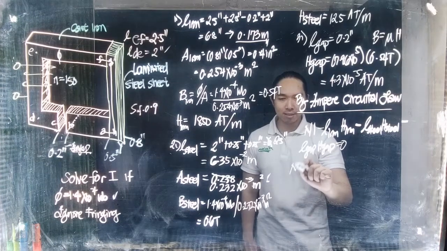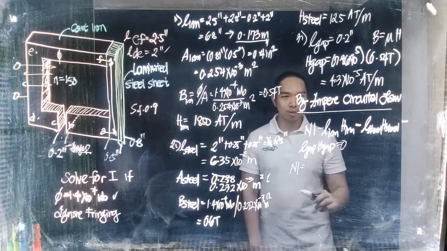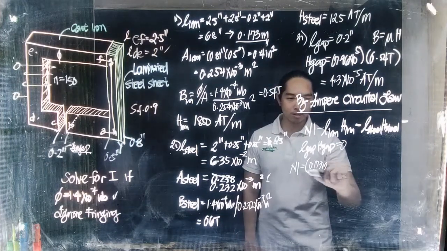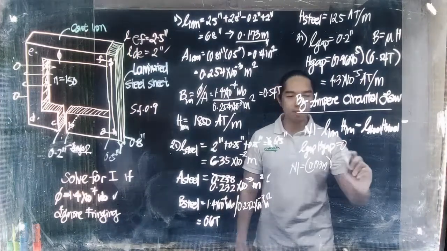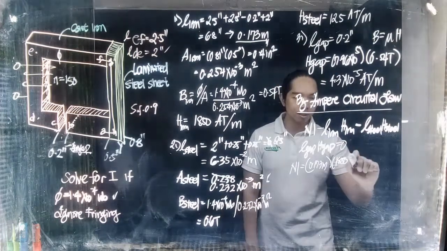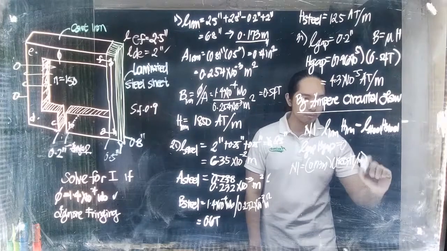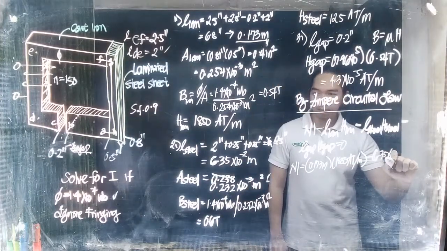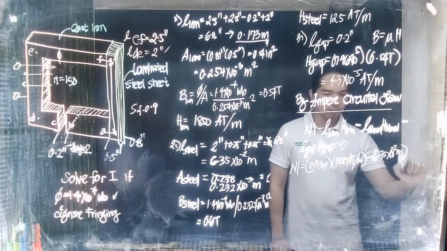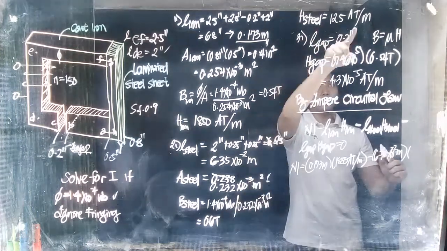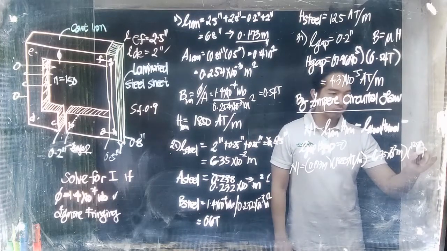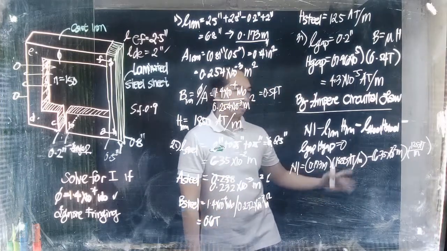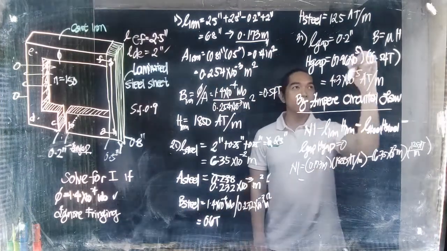So, that Ni is equal to that of iron, so 0.173 meters. H of iron, that would be 1850 ampere turns per meter, minus L of steel, so 6.35 times 10 raised to negative 2 meter. Ampere turns is 125 ampere turns per meter. Minus L of gap.